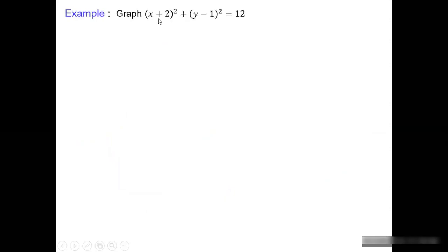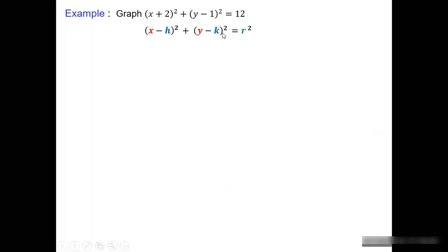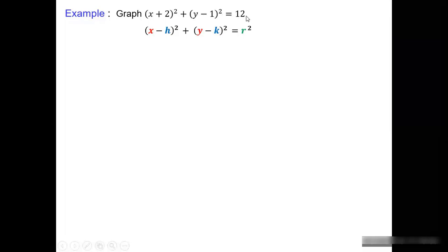Here's an example of a circle. And we know this is a circle because it fits into this form. We could see some quantity of x being squared plus some quantity of y being squared equals some number. So our job is to rewrite (x plus 2) quantity squared in the form x minus h.